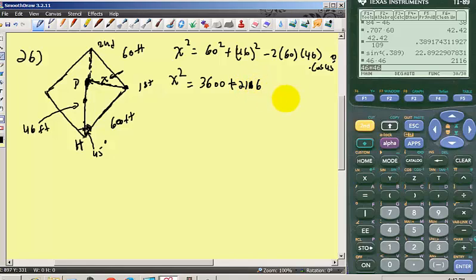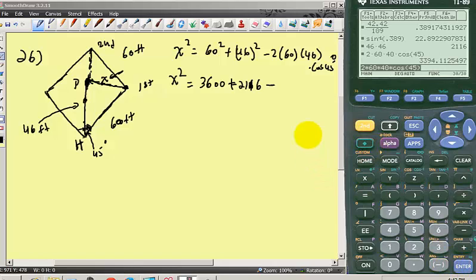2116. Minus 2 times 60 times 46, times cosine of 45 degrees, and I am going to get a decimal representation of that, and that turns out to be 3394.